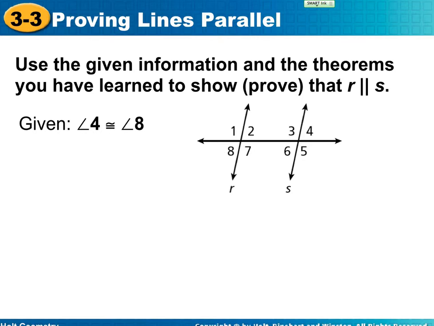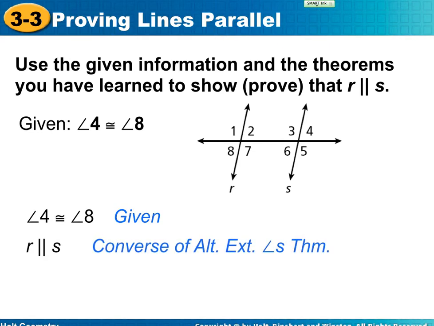Knowing what you're given, and Kate, what do you think? What's the reason that the lines would be parallel? Correct. So this one really is just 2 things. You have to put down what you're given, and then just that converse supports the lines parallel.